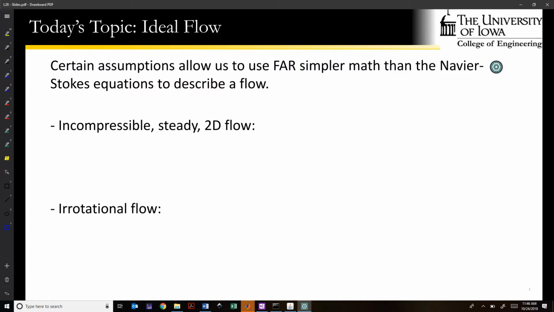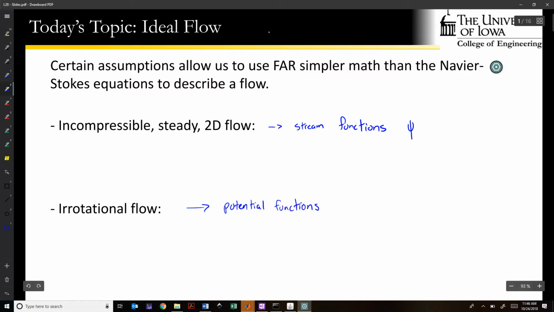And the two that we're going to talk about briefly today are this assumption of incompressible, steady, and two-dimensional flow, which leads us to this thing that we call a stream function, given by the Greek symbol psi, and irrotational flow, which leads us to what we call a potential function, given by the Greek symbol phi.